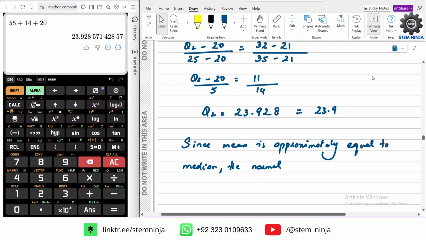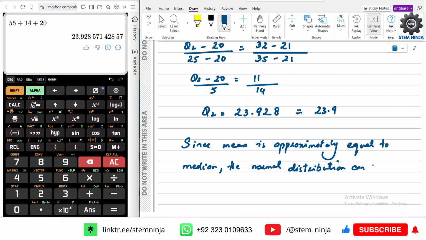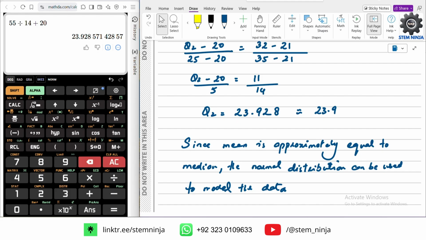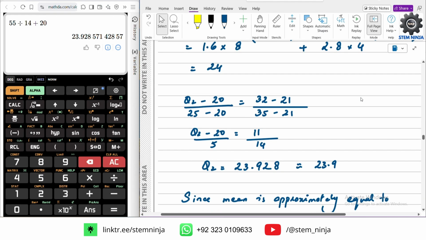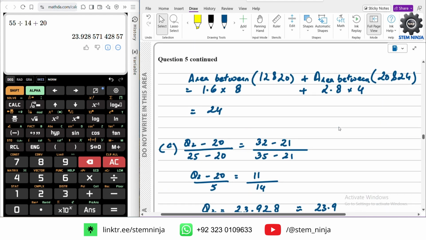Normal distribution can be used to model the data. Right, okay, so this part was D and C. Right, so this was this question number 5.